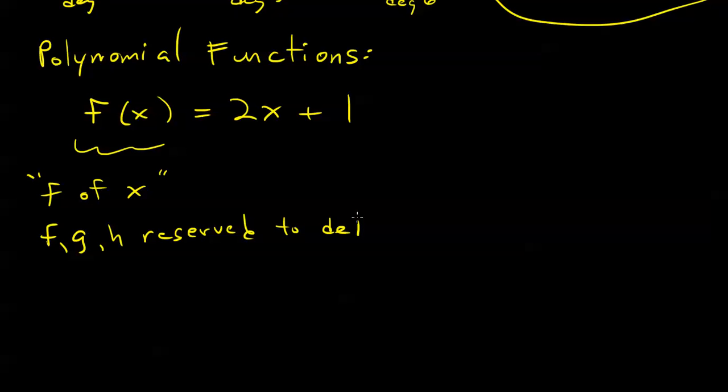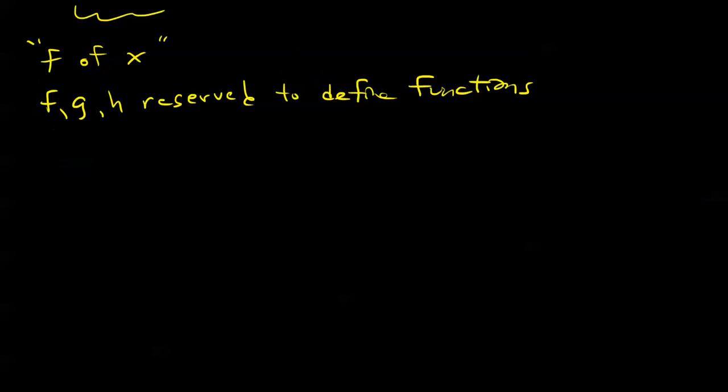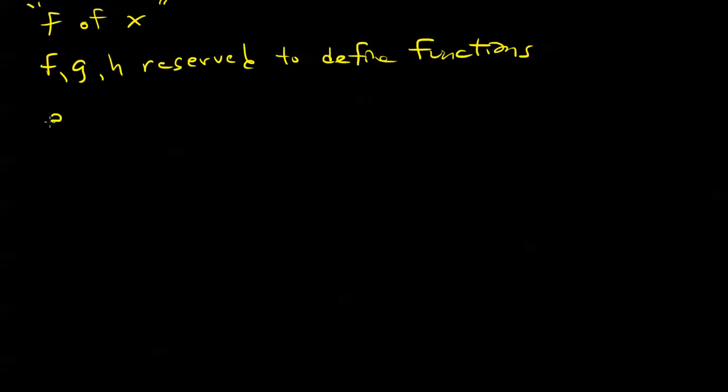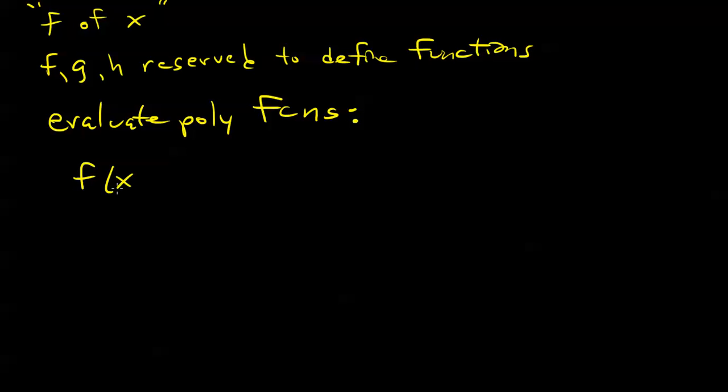F, G, and H, and others as well, reserved to define functions or used in function notation. All right, how do we evaluate polynomial functions? Let's say, keep that same first example.